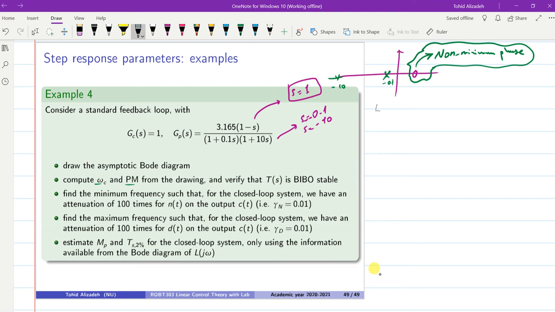We can start by forming L of S and then obtain L of j omega.